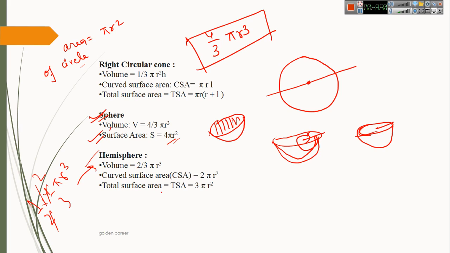So for such a hemisphere, if the volume of the sphere is 4/3 pi r cube, then the volume of the hemisphere will be just half of it. So volume of the hemisphere is 2/3 pi r cube, which is half into 4/3 pi r cube.